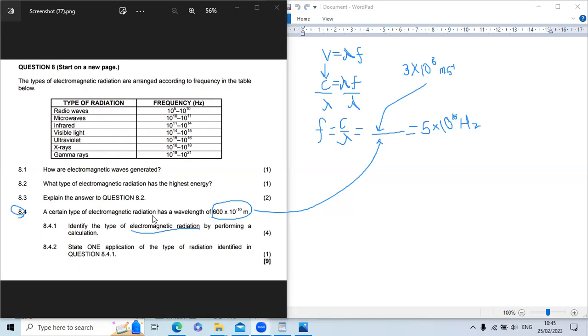Or what are the uses of UV light in real life? I really don't know. I'm confused. Okay.